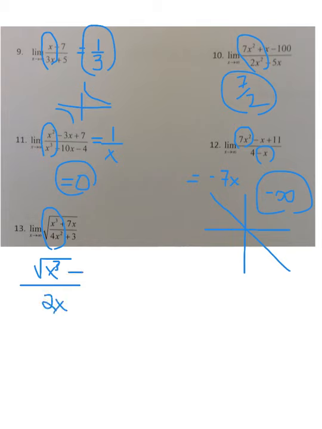Now let's talk about this. Remember that that really is x squared times x, right? And then I know that the square root of an x squared, those two terms are going to cancel one another out, the square and the square root.